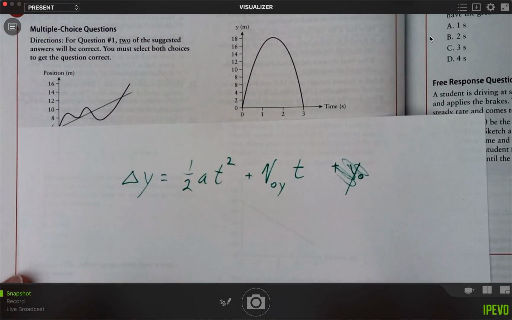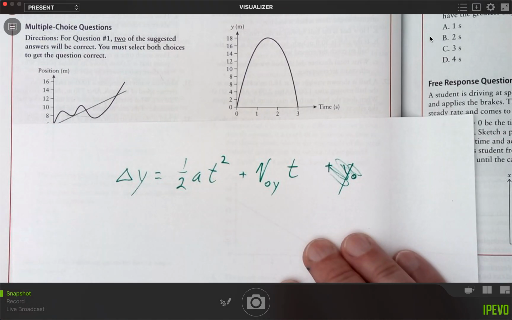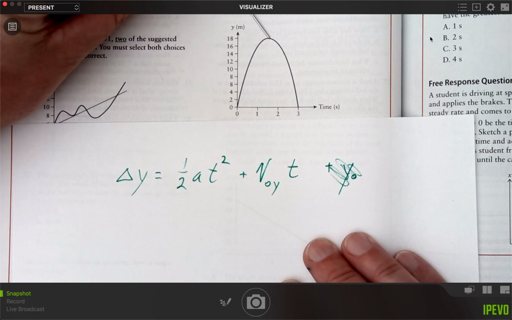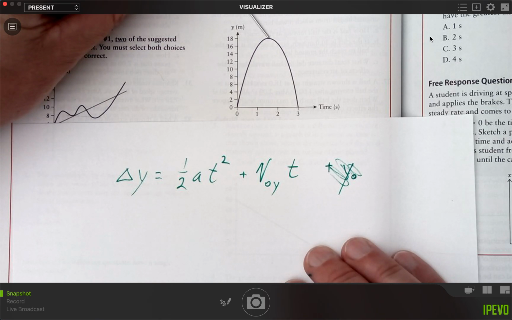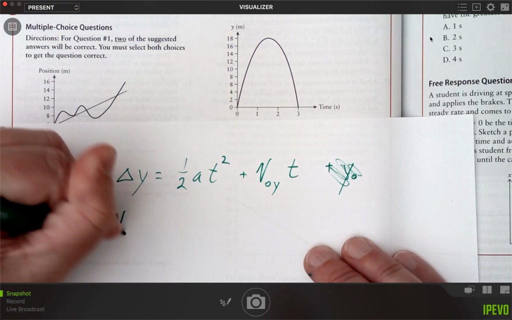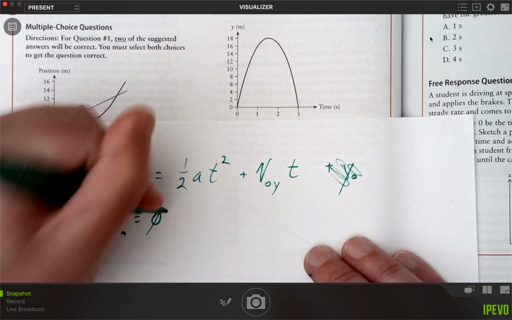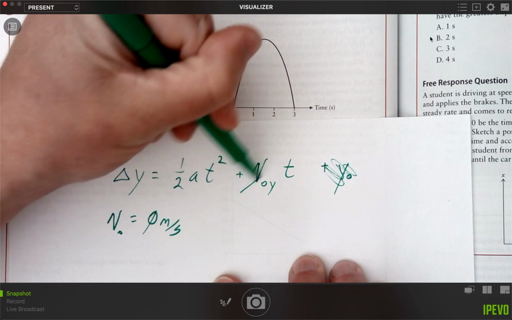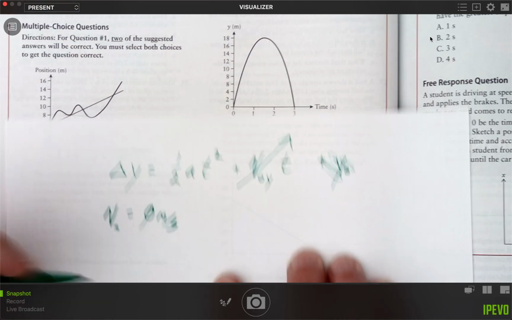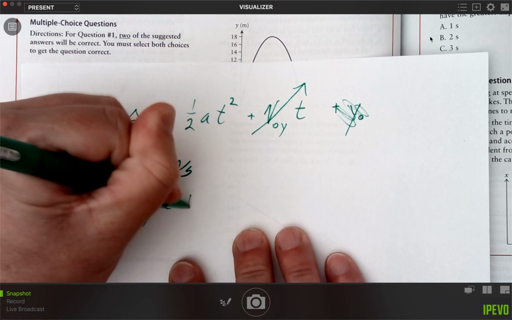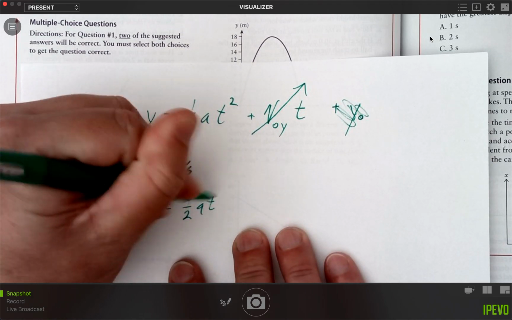But I do know that at the absolute highest point that this projectile went, it has a 0 velocity. So if my initial velocity is 0 meters per second, then I can drop this whole term. So that's going to leave me just with this change in y equals 1/2 a t squared.